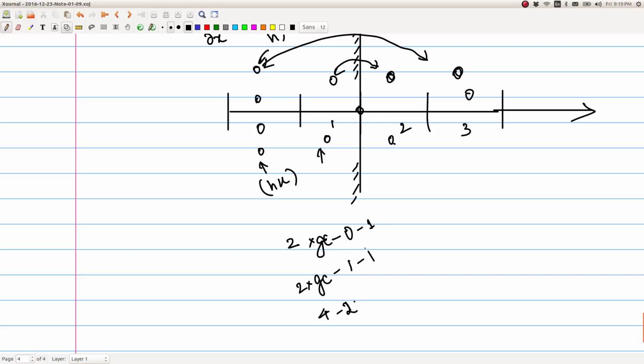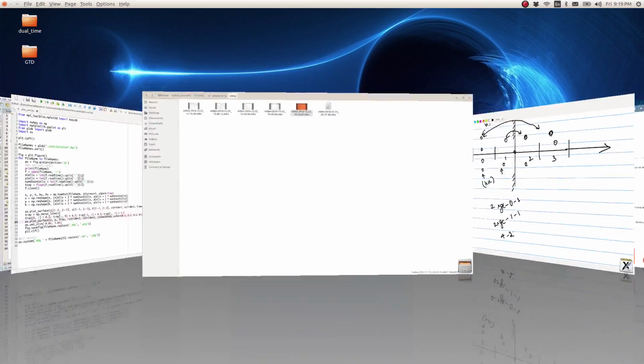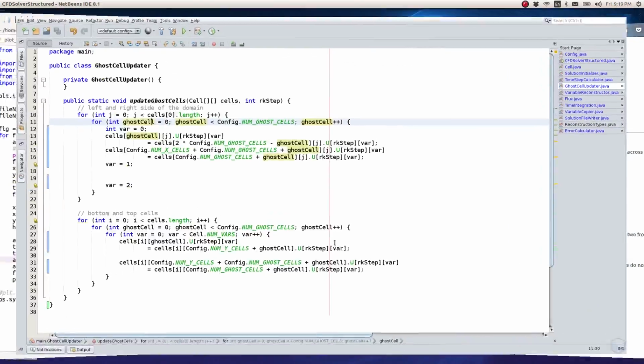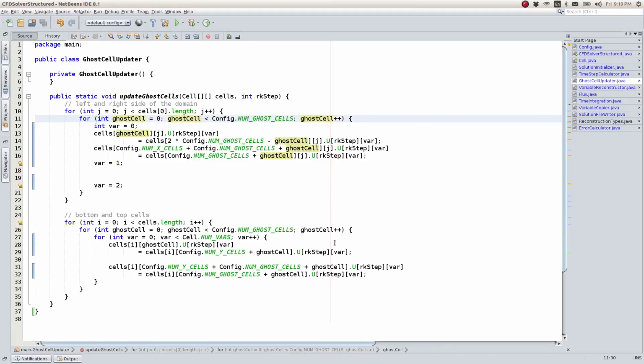Yeah, that looks okay. So it should be 2 times number of ghost cells minus 1. So that looks fine.